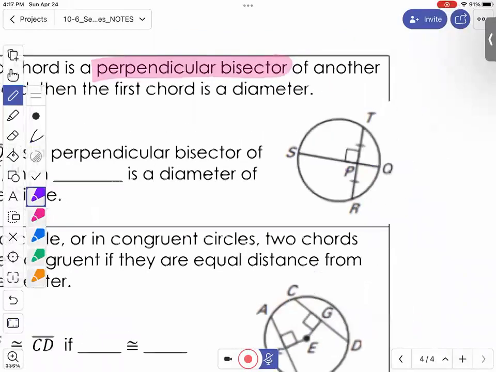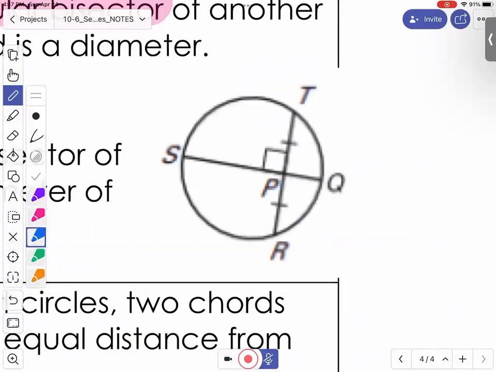When we're looking at our picture, I have one chord going all the way across my circle. A second chord, segment TR, is being cut into matching pieces, and I do have that right angle, so that will force segment SQ to be a diameter of my circle. That's what that theorem is saying.